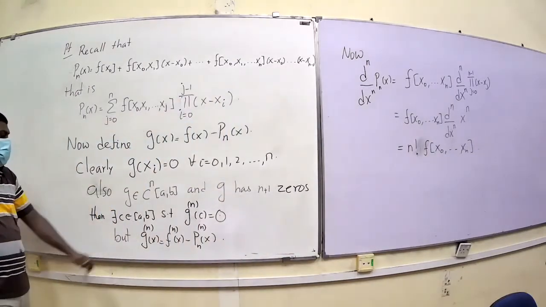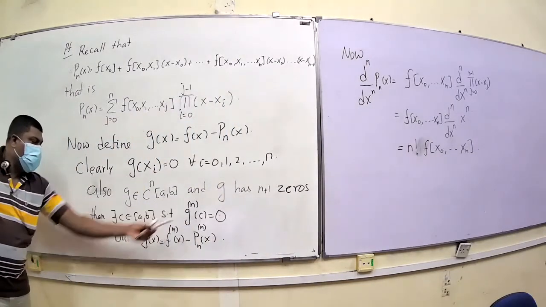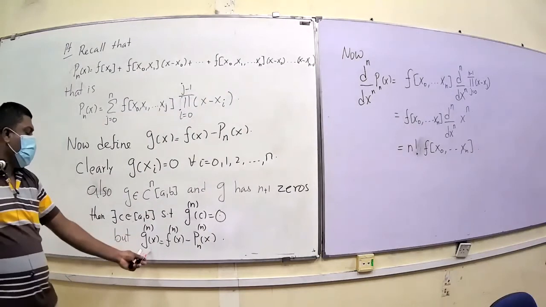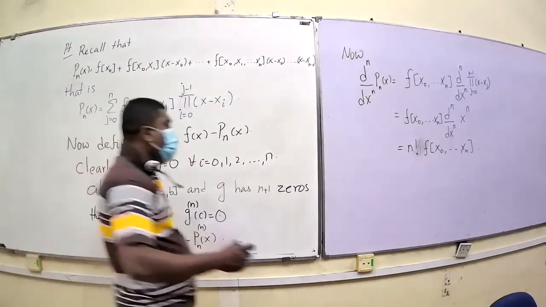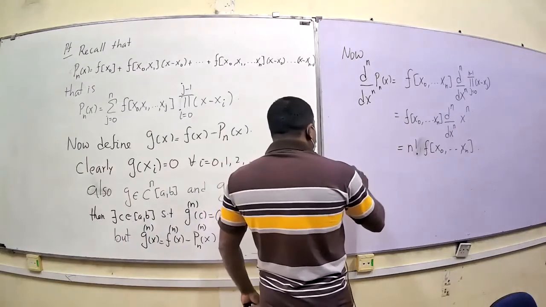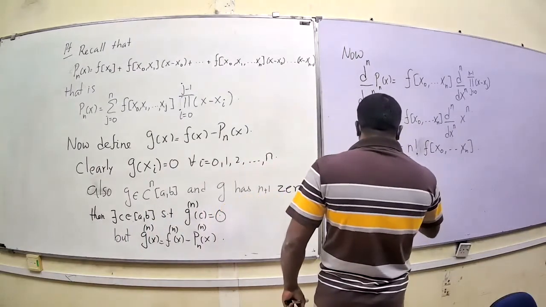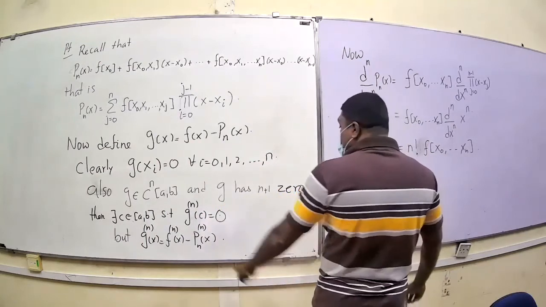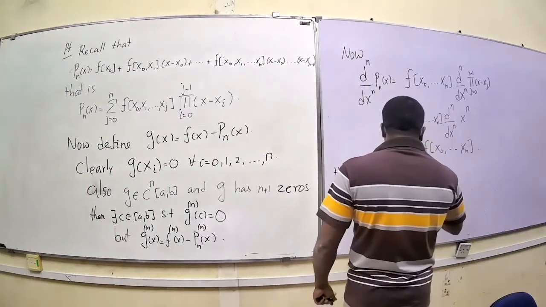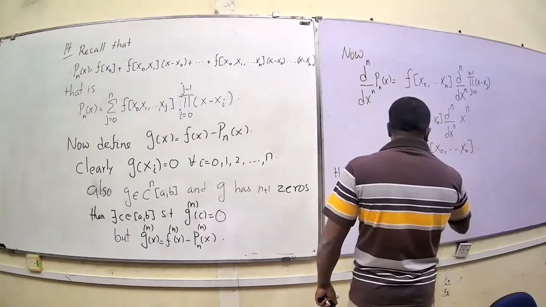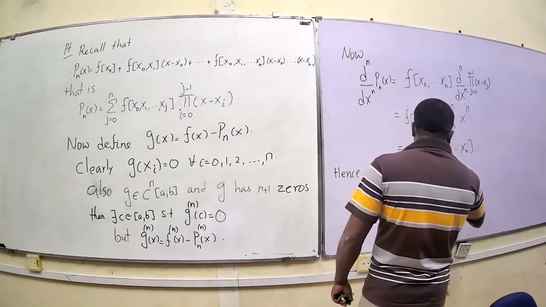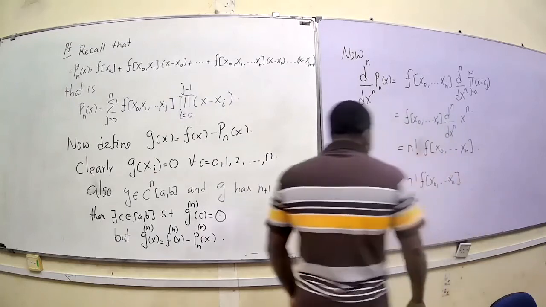So clearly, g nth derivative of c is 0, but that is f, right? So 0 is equal to f nth derivative of c minus n factorial times f of x0 up to xn.